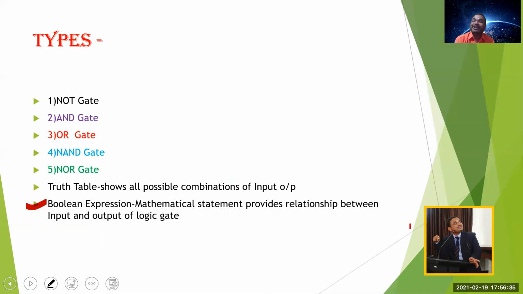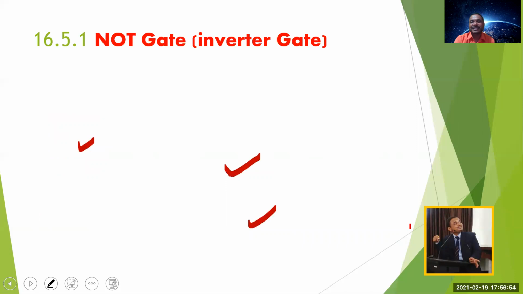AND gate, logical multiplication, A dot B. OR gate, logical addition, A plus B. NAND gate, the inverse of AND, that is (A dot B) bar. NOR gate, inverse of OR, that is (A plus B) bar. So this is about the logic gates. We see the different types of gate. So we stop here.